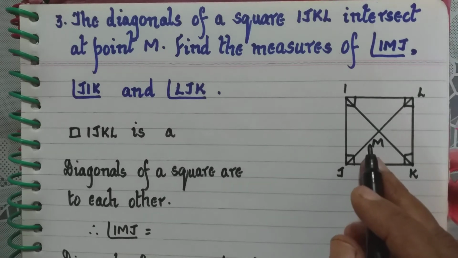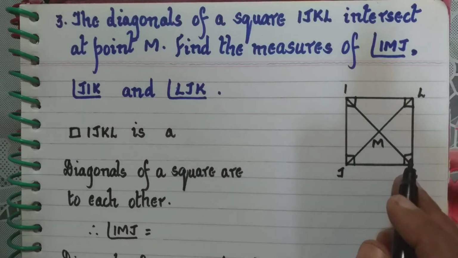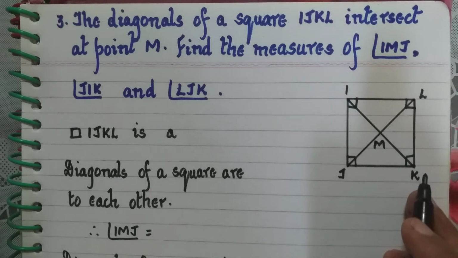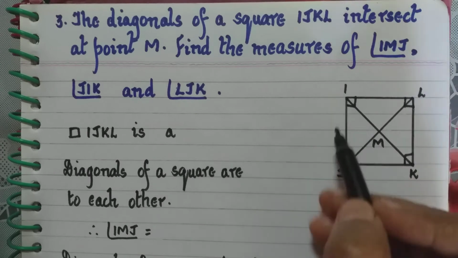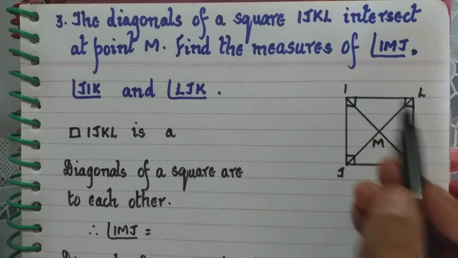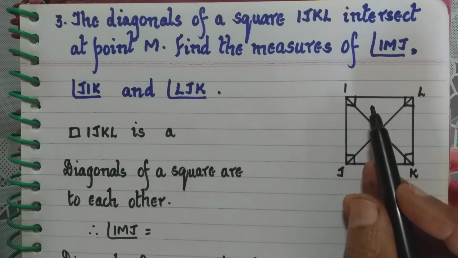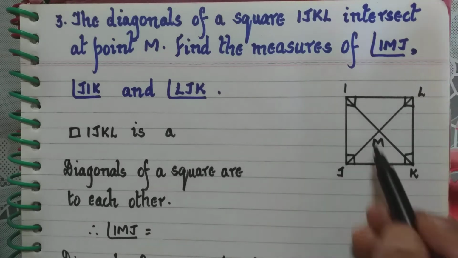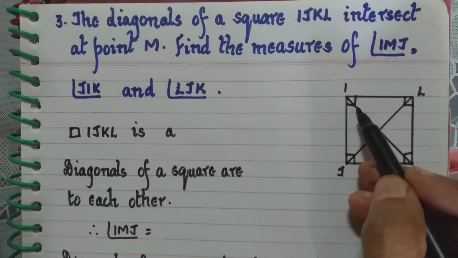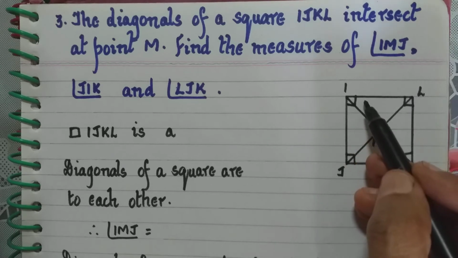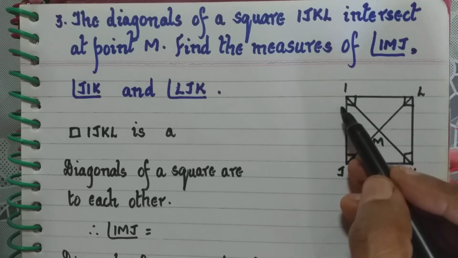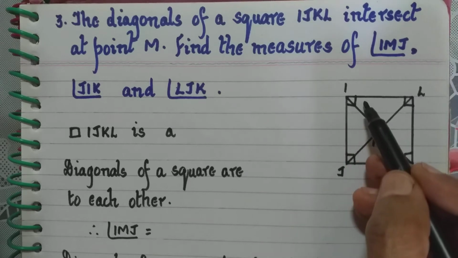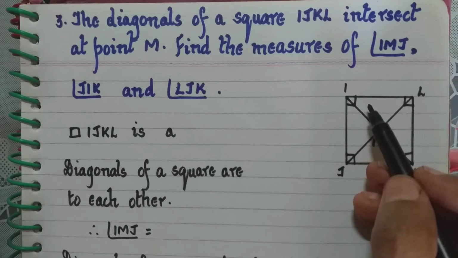That is, if I have a diagonal like this, the opposite angle is divided into two equal parts. So if this diagonal divides this angle into two equal parts, since this whole angle is 90 degrees, each part will be 90 degrees divided by 2, that is 45 degrees.